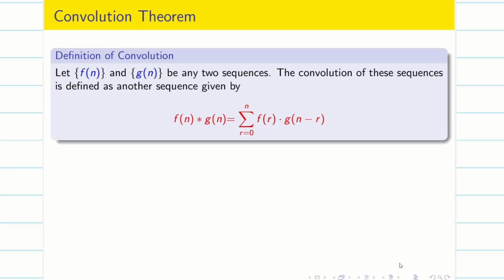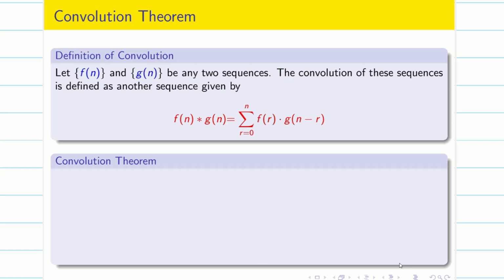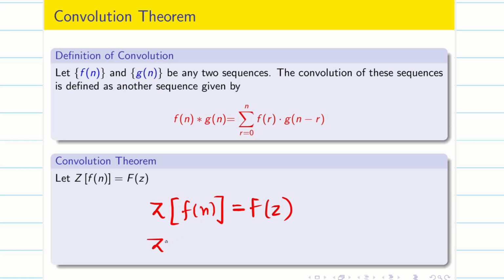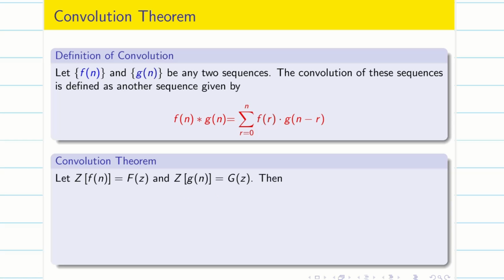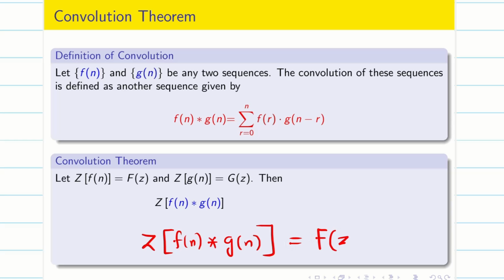Next, from the definition of convolution, we can write the convolution theorem. If Z of f of n is equal to capital F of z, and Z of g of n we assume as capital G of z, then the convolution theorem is Z of f of n star g of n, that is Z of f of n convolution g of n, is equal to capital F of z into G of z.